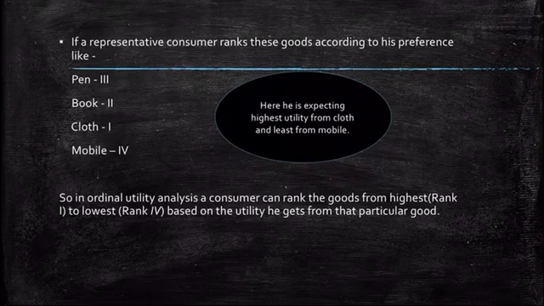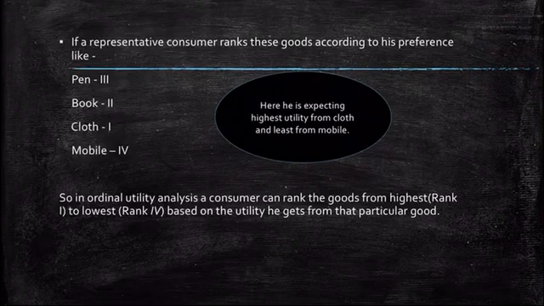First rank being the highest and fourth rank being the lowest in this example, it is clear that the consumer is expecting the highest level of utility from cloth and the lowest level of utility from mobile. Or you can compare between the goods themselves.